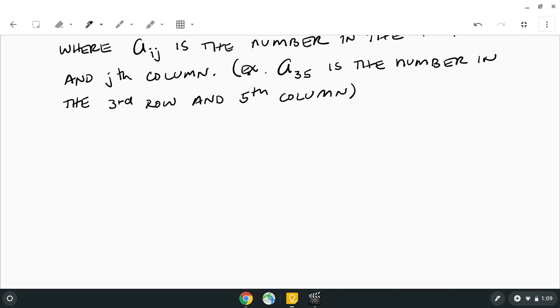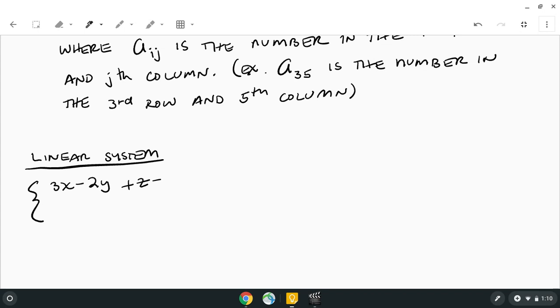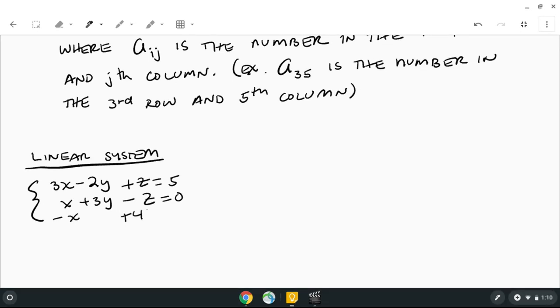Okay, so if we have this linear system, suppose that I have this one here, 3x minus 2y plus z equals 5, and x plus 3y minus z equals 0, and let's have negative x plus 4z equals 11.